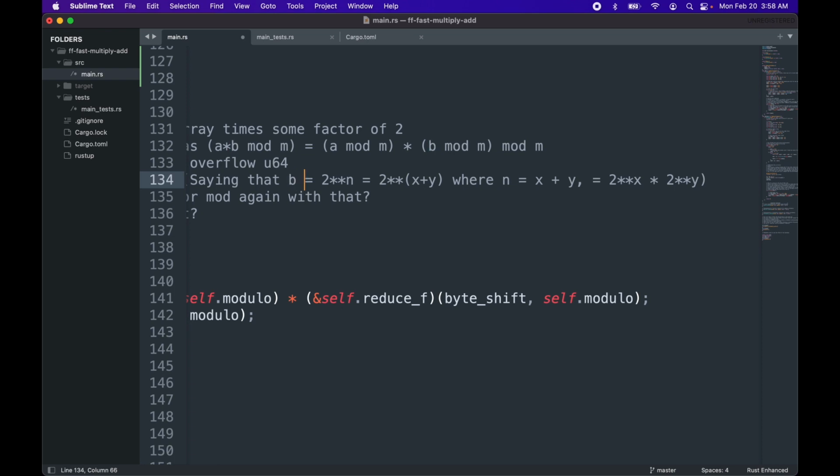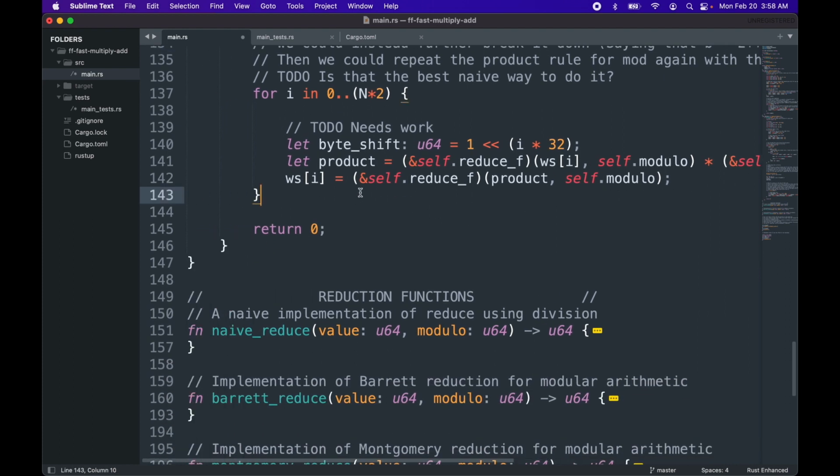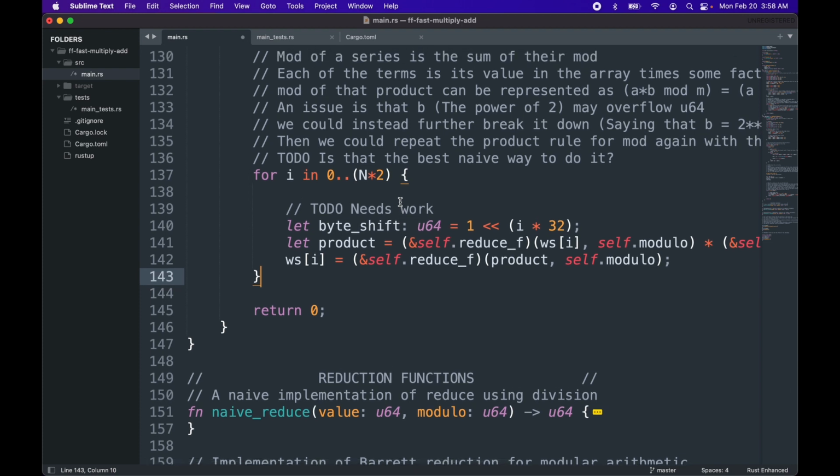So b is our factor of 2. Instead of saying it is 2 to the n, I could say it's 2 to the x plus y, where n is x plus y, and then I could again apply the above. And essentially, within here, we're repeatedly reducing using whatever reduction function we're given. And that's the next thing that I'm going to get into.